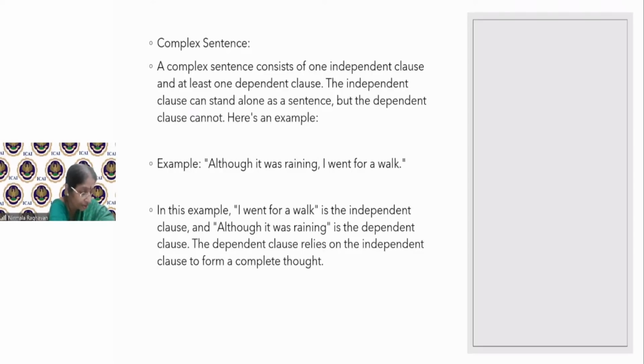Main and independent clause are the same. A subordinate clause is a group of words that cannot stand independently, that cannot give you a full, complete meaning. That's a subordinate clause. Okay, we stop this here. We are going to see more examples, then you will understand.